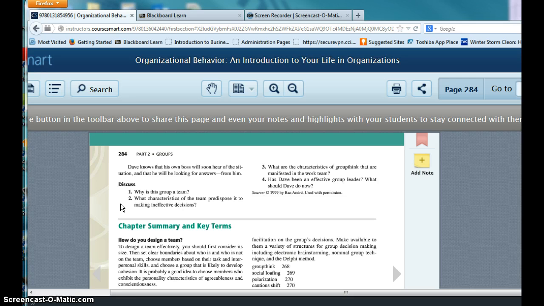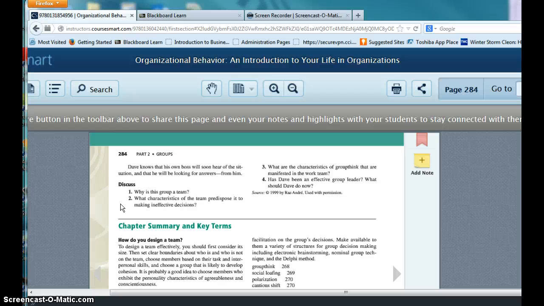Page 268 talks specifically about some of the pitfalls of group decision making, some of the things that can occur when you have a group of people making decisions together, why that can sometimes be ineffective. And that runs from page 268 to about 271, where it talks about some of the pitfalls that could cause a group or a team to make ineffective decisions.